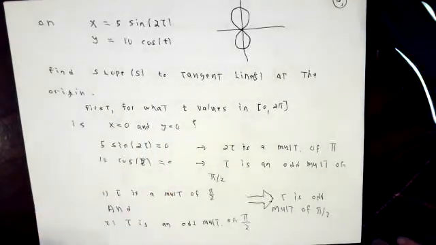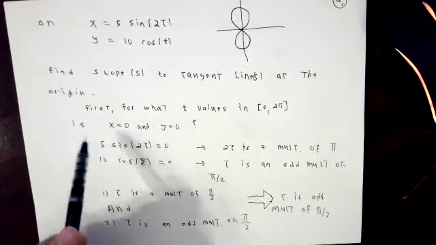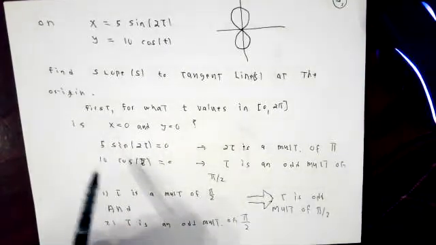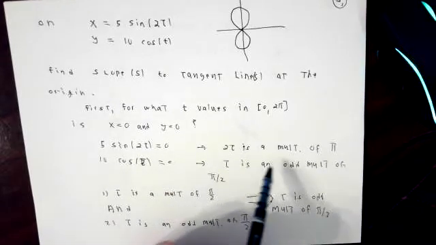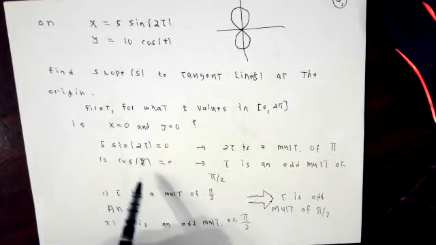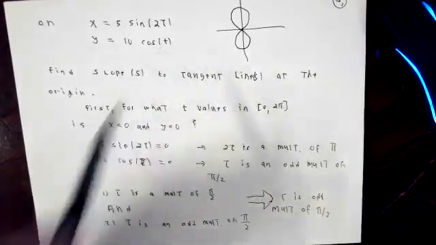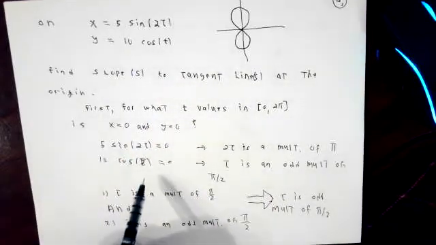Cosine of something equals 0 only happens when the something is an odd multiple of pi over 2. So for the first case, this leads to 2t has to be a multiple of pi. There's no t in that second equation, no 2 in that second equation though.